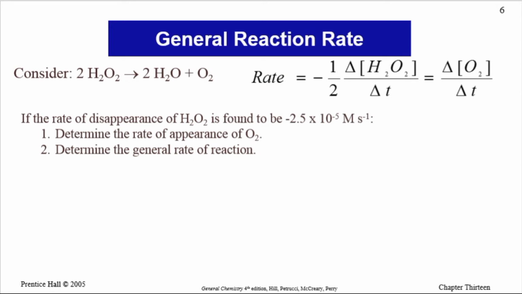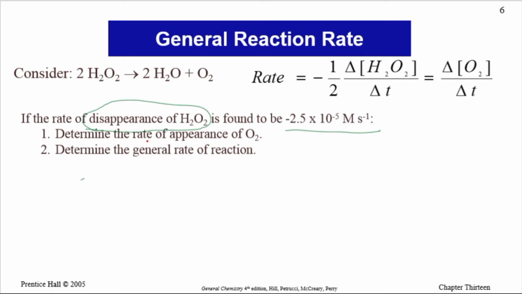All right, let's go ahead and consider this example. So this is one example. We're still dealing with the same exact equation. So hydrogen peroxide yields water and O2. So the rate expression is written on the top right, and it's asking us to find the rate of disappearance for hydrogen peroxide, and it gave us the rate of disappearance of hydrogen peroxide, negative 2.5 times 10 to the 5th molarity per second, and it's asking us to determine the rate of appearance of oxygen.